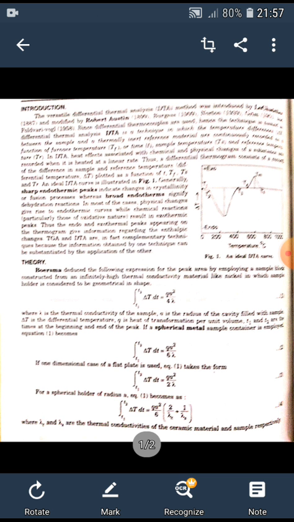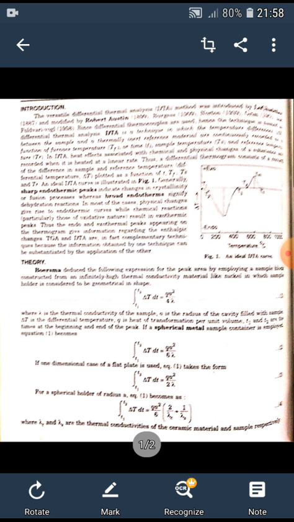In most cases, physical changes give rise to endothermic curves, while chemical reactions result in exothermic peaks. Therefore, the endothermic and exothermic peaks appearing on the thermogram give us information regarding the enthalpic changes.